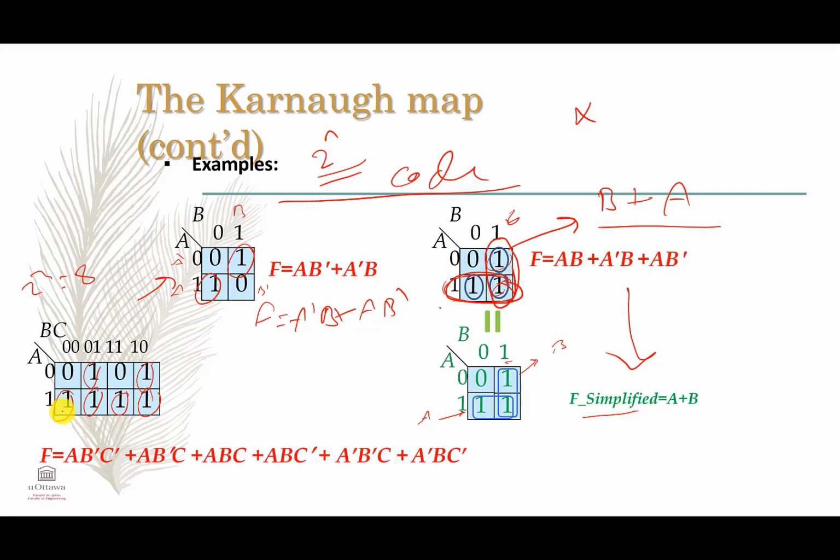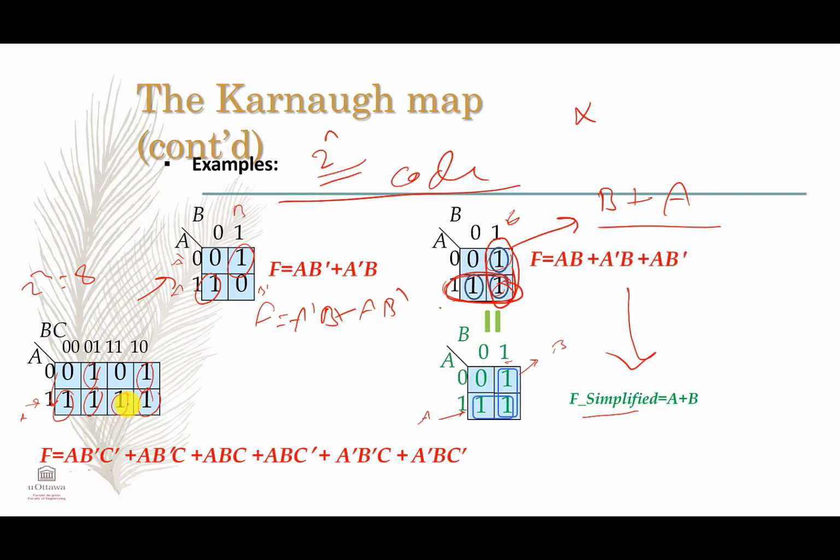So the code for this one: here I have A, and here I have 0, 0 for BC, so it's going to be B prime C prime. So the first term will be A B prime C prime.